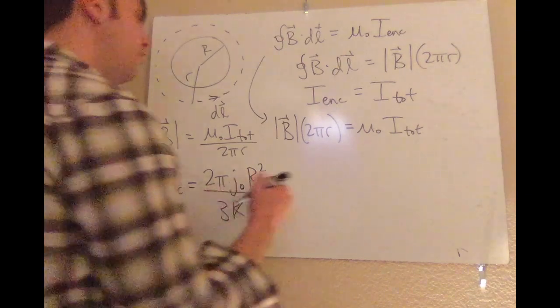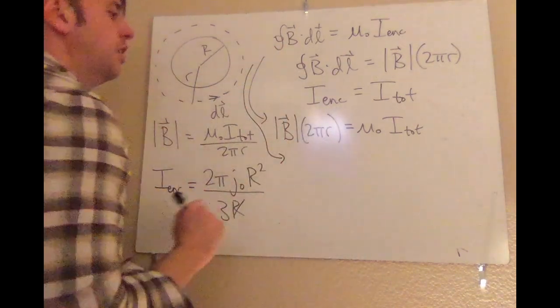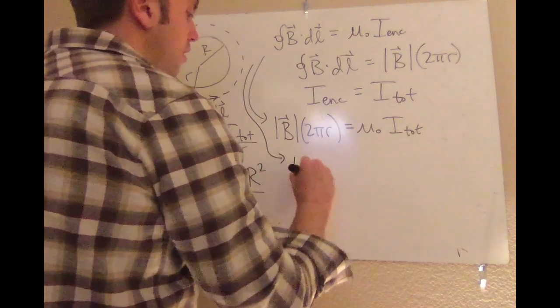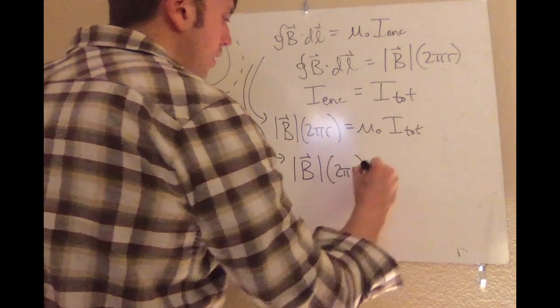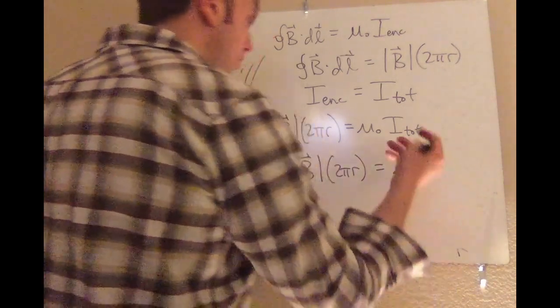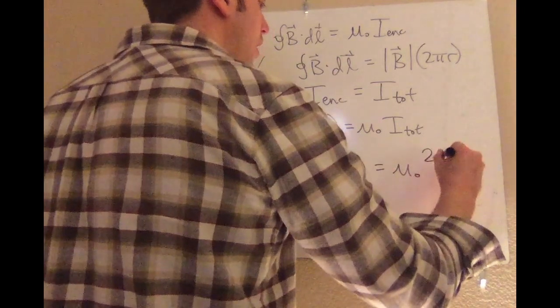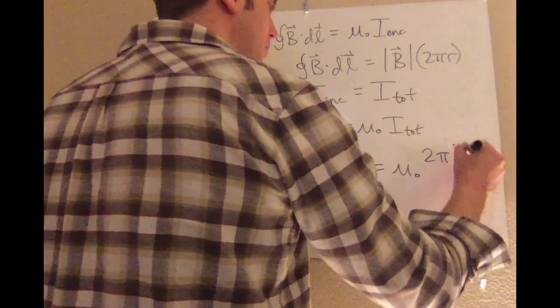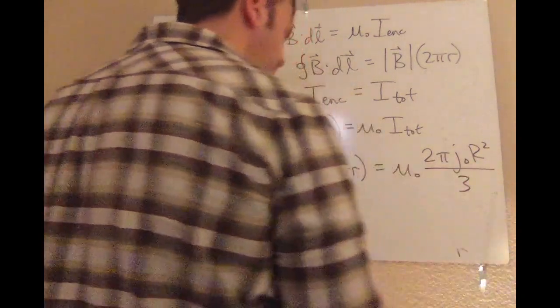Okay? And just like before, we can plug everything we know into Ampere's law, where we have magnitude B times 2 pi r equal to mu naught times this total current, which over here we just said is 2 pi times j naught times big R squared divided by 3.